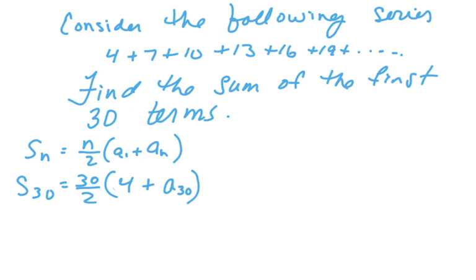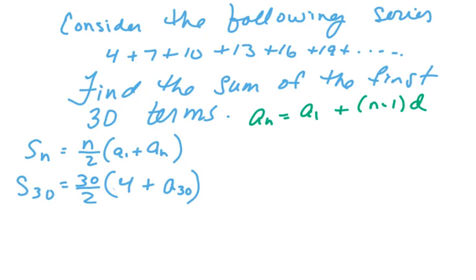So a sub 30 is actually the value in the sequence, and then S sub 30 is the sum of the first 30 values in the sequence. So we have to go back to our a sub n to find the value of a sub 30.